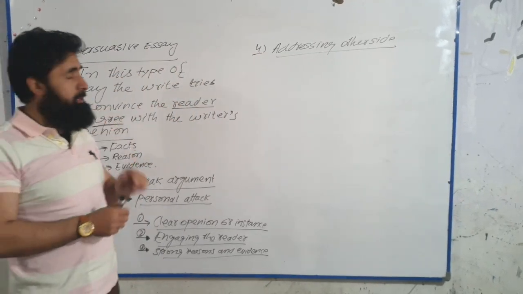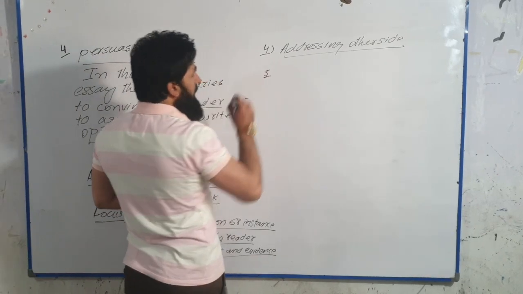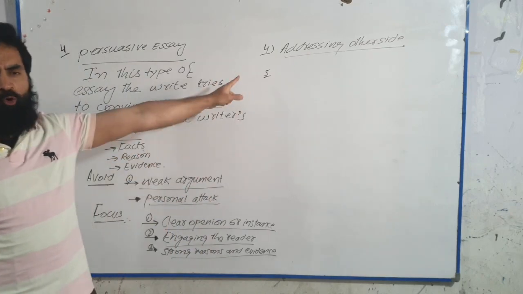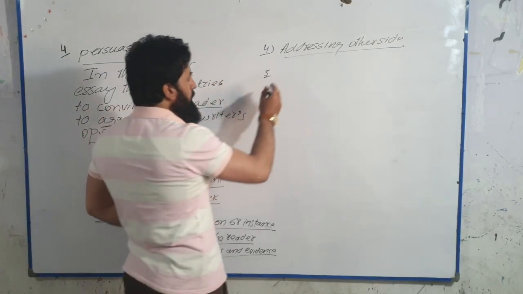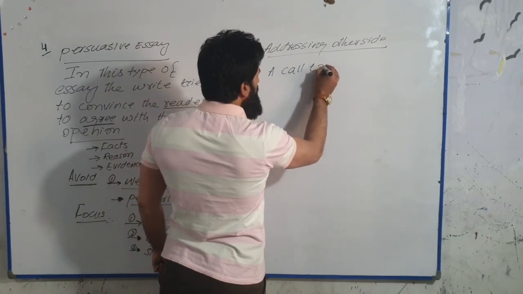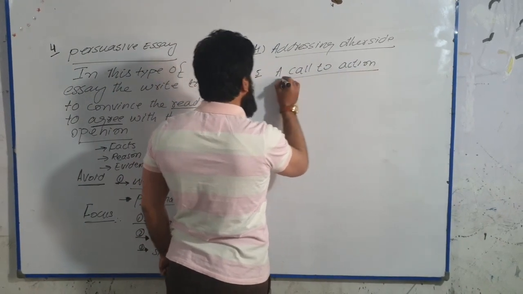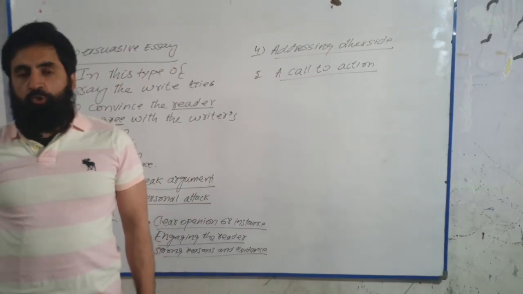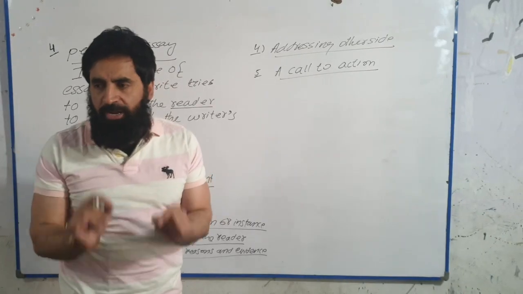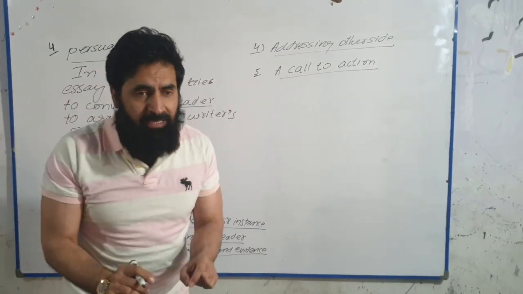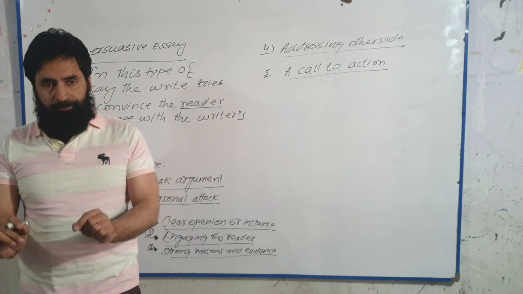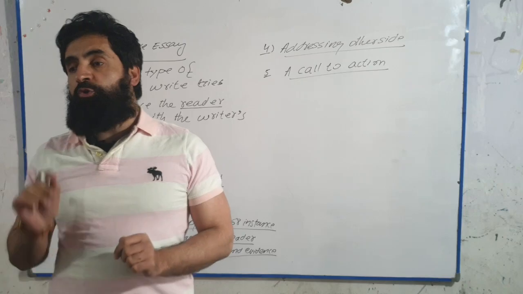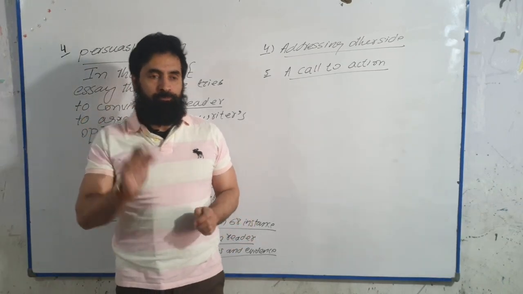Got it? What about the last one? This is also much more important. How do you end a persuasive essay? आप persuasive essay को end कैसे करोगे? You should focus on the fifth one, that is a call to action. The writer should end the essay by encouraging the reader to take a specific step or to agree with the writer's point of view.